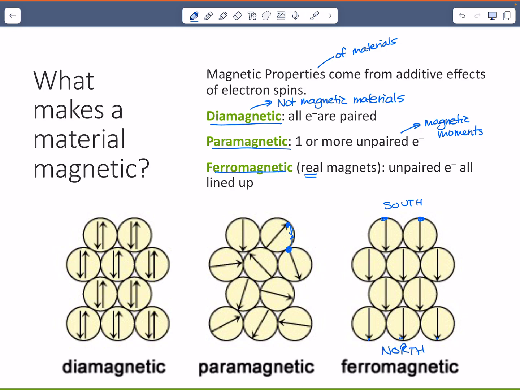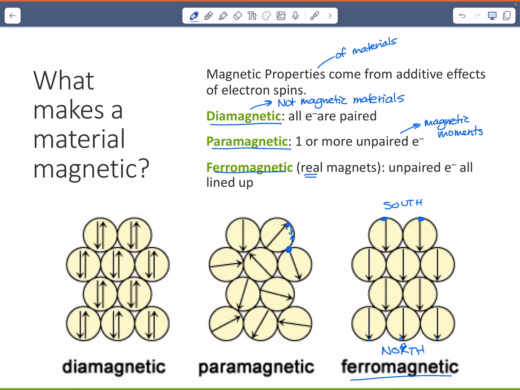They all line up. So when this material meets another magnetic material, they are going to line up and stick to one another, so that the South Pole and the North Pole are attracted to one another, and that's how you get what's called a ferromagnet.